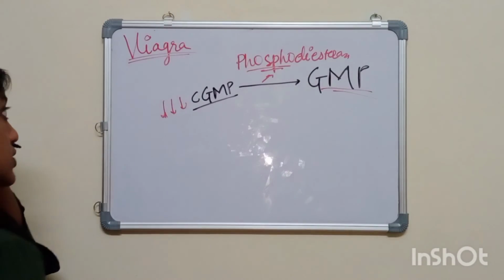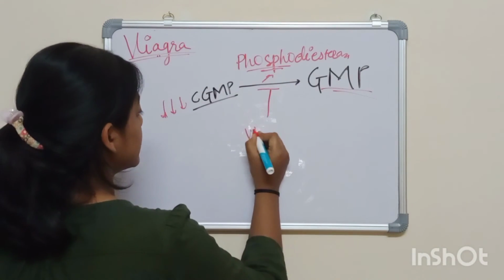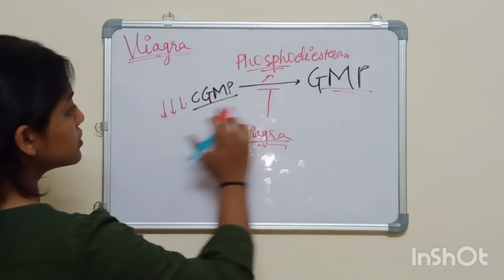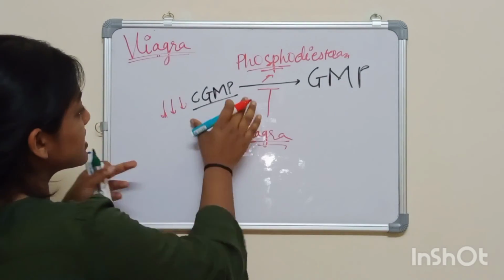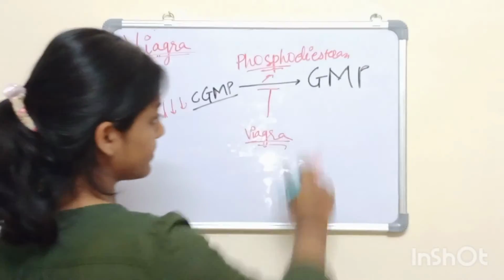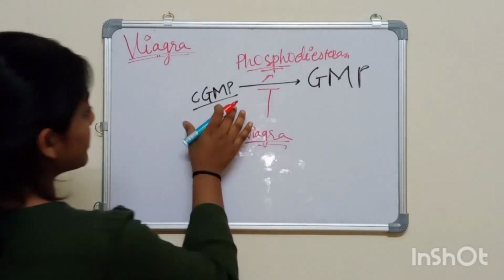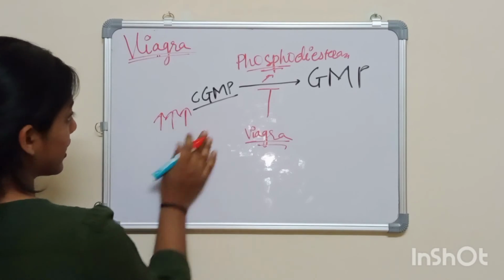So this Viagra medicine blocks this. What does Viagra do? It blocks the conversion of cGMP to GMP. It does not allow the cGMP to convert into GMP. And if it does not allow that, the cGMP levels are high.